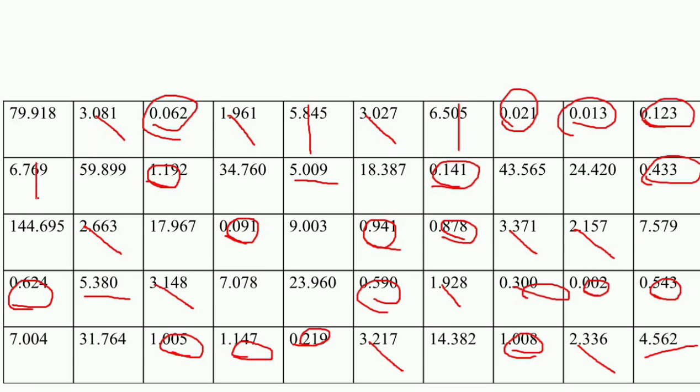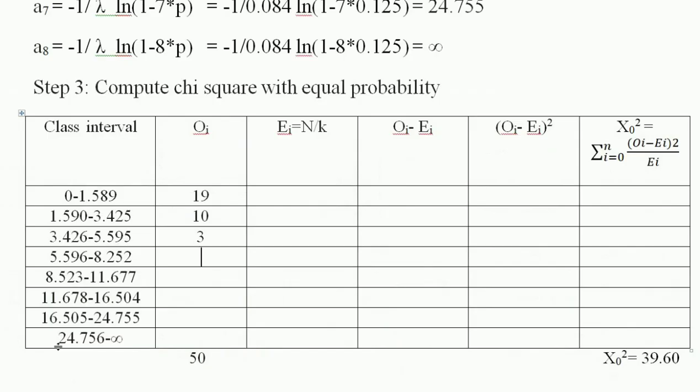Again 6.769, 7.579, 7.078 and 7.004 lie in that interval, that is 1, 2, 3, 4, 5 and 6. 6 values are there, so let me enter the value 6 over here.